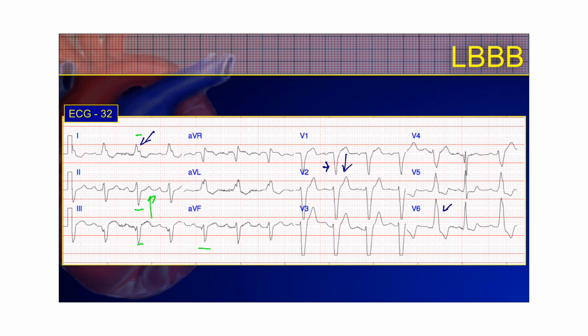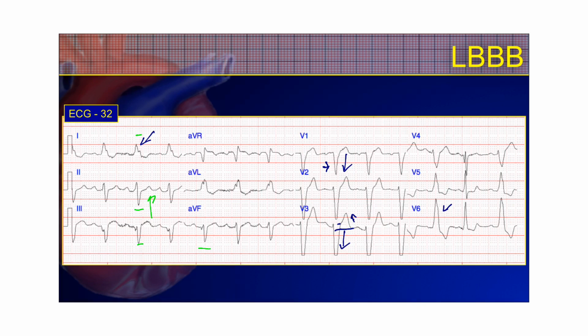And with that, you're going to get some ST elevation quite often with a left bundle, especially in these precordial leads, especially the right precordial leads, where you have a negative terminal wave and a positive T wave. You have T wave discordance. And sure enough, if you look at where this isoelectric line is and where this J point is, you have quite a bit of ST elevation there.